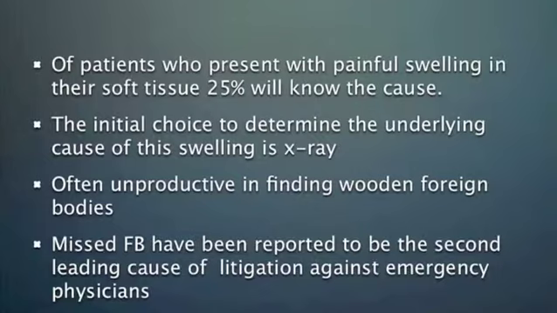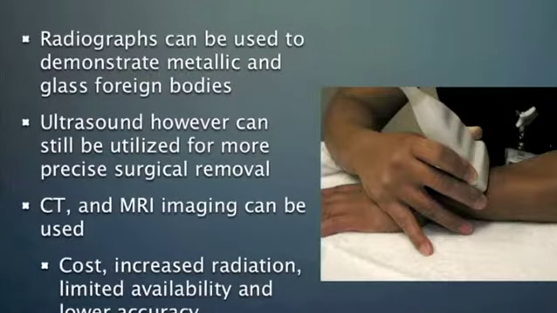And it turns out that missed foreign bodies have been reported to be the second leading cause of litigation against physicians who practice emergency medicine. Now, with metallic and glass, x-rays can be used to demonstrate their location, but ultrasound is actually much better to precisely remove them at the bedside.